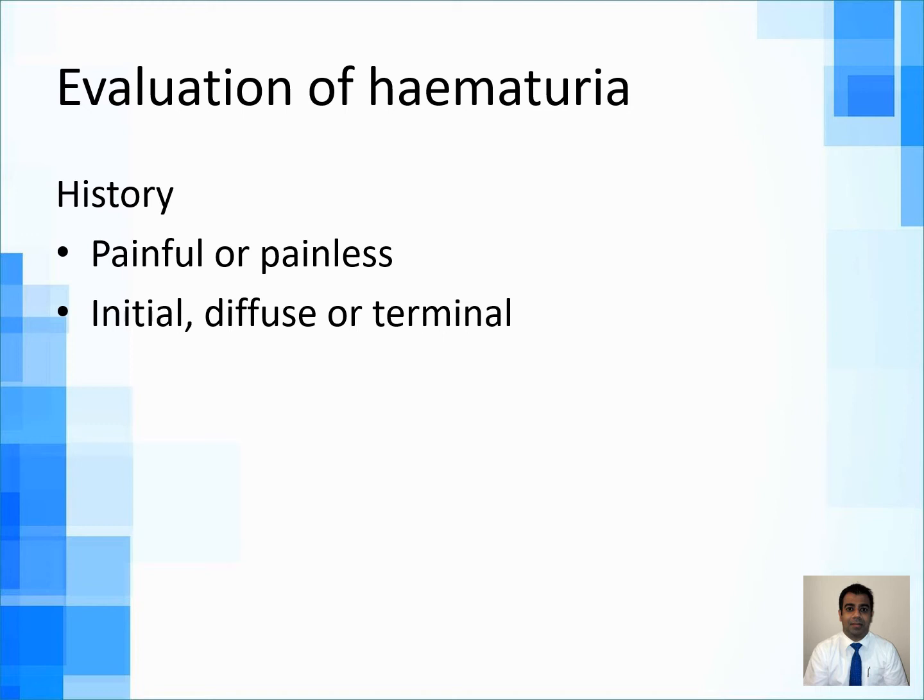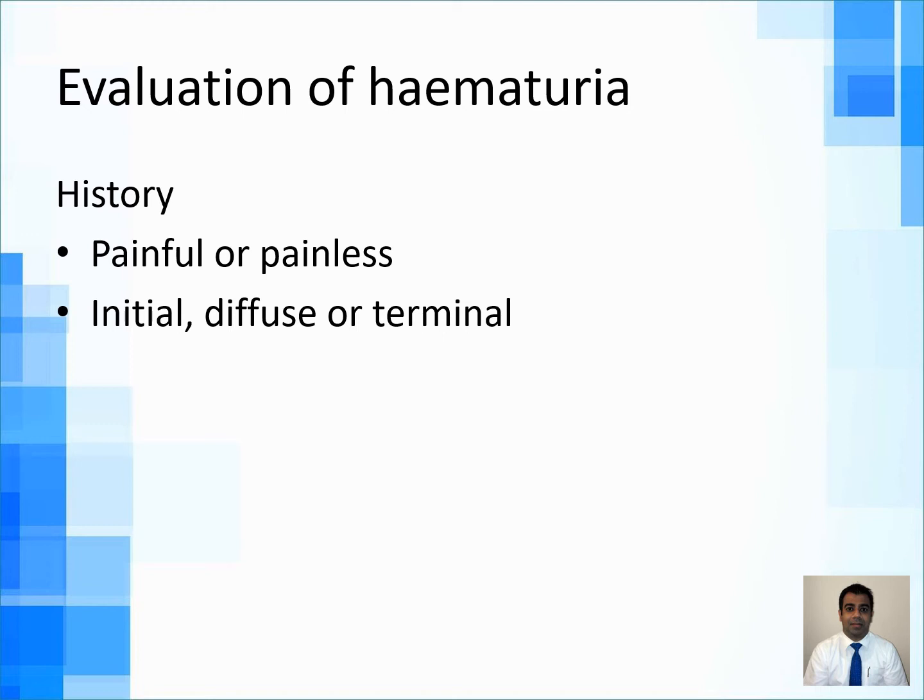Terminal hematuria indicates a bladder pathology. So you can have the initial part of the urine not having hematuria, and the last bit, or the terminal part of the urinary stream, has hematuria. These usually indicate a bladder pathology, either a stone or a cystitis or some other problem with the bladder.